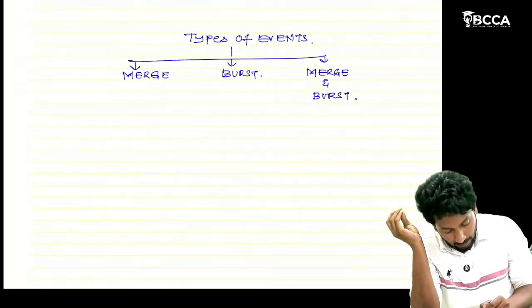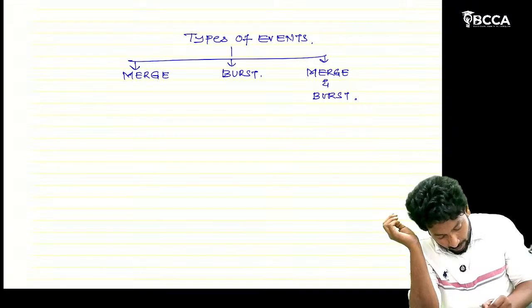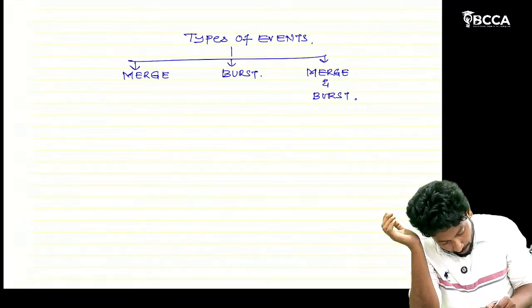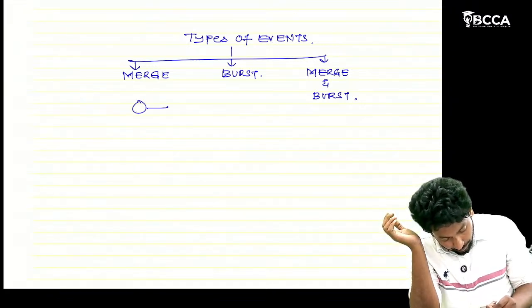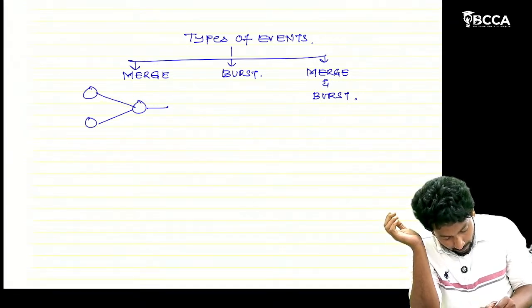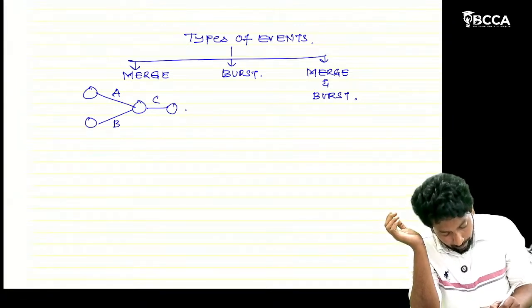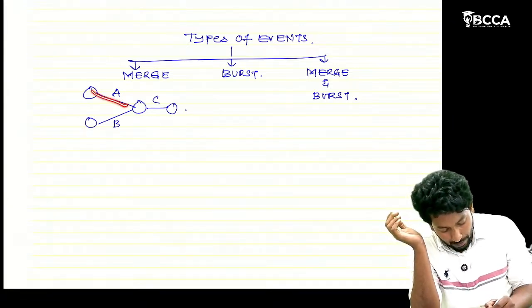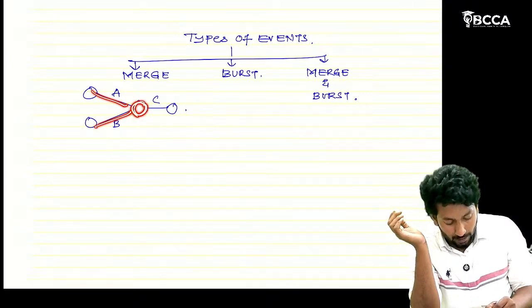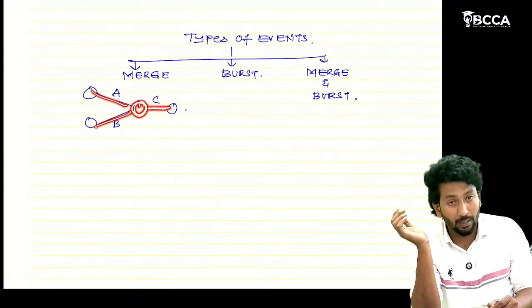Let us take an example; the network diagram is like this: A, B, C. A and B are two activities which meet at this point, from which C can be started.